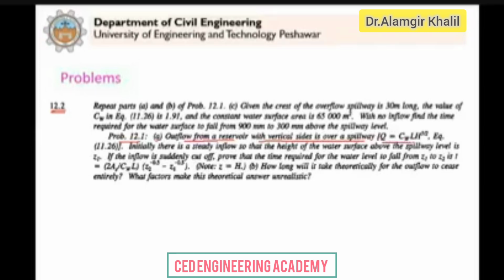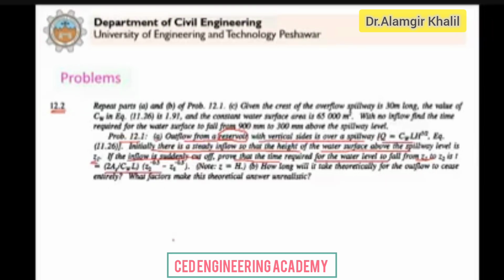This is discharge over a spillway. Initially there is steady inflow so that the height of water surface above the spillway is Z1. If the inflow is suddenly cut off, prove that the time required for water level to fall from Z1 to Z2 is given by this equation. This is the equation for time for water level to drop from one level to another for a reservoir, for a dam. So you need to derive this equation.